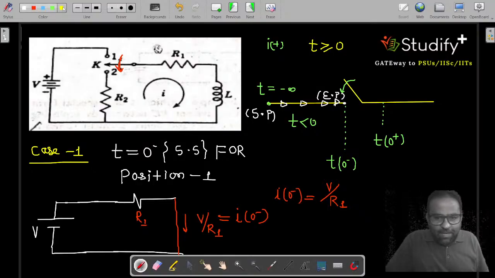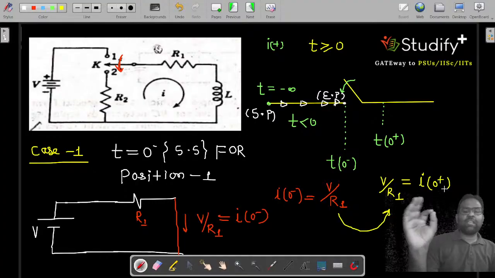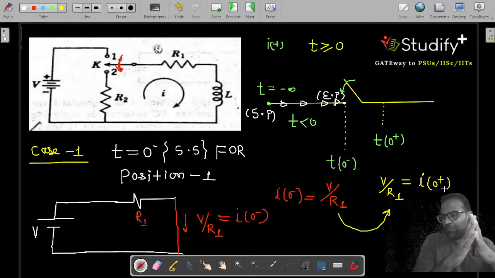So what will be the value? You can copy this value in case of what? In case of inductor. So what is the value of the stored current in the inductor at 0 plus? This value is also V by R1. This is the only thing we want from position number A, because we don't want to analyze our circuit for t0 minus.